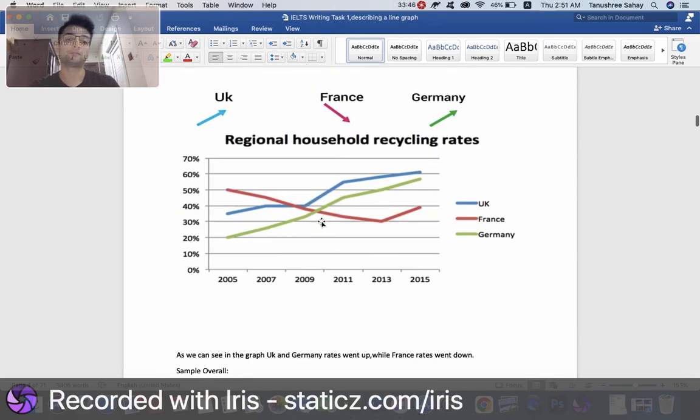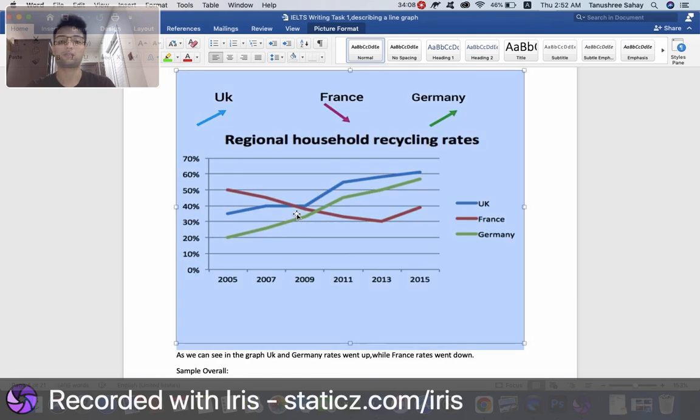There you go. In 2009 they have a cross over here. So crosses are very important for describing the line movement, because if you see any cross among your lines, like the cross between UK and France in 2008, and you can see another cross that happened in 2009 between Germany and France.